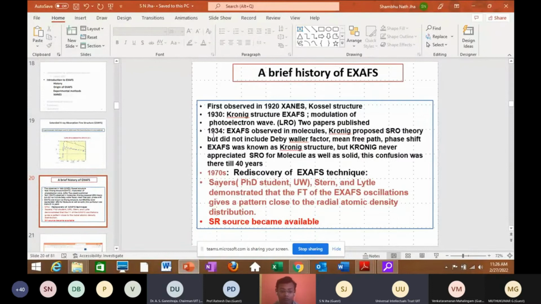But in 1934, EXAFS was observed in molecules, and Kronig then proposed the short range theory, but did not include the de Broglie factor or mean free path. So that was not complete, and EXAFS was known as Kronig structure by that time. But Kronig never appreciated this short range order for molecules, as it was not giving the full picture. So this confusion remained for 40 years.